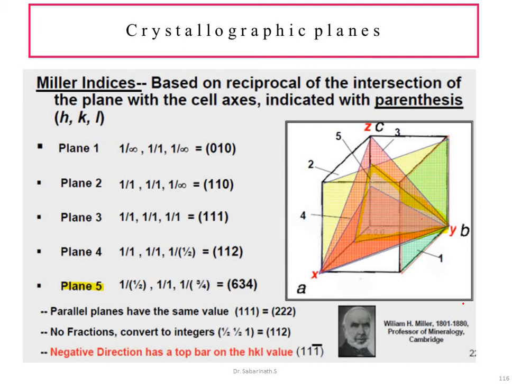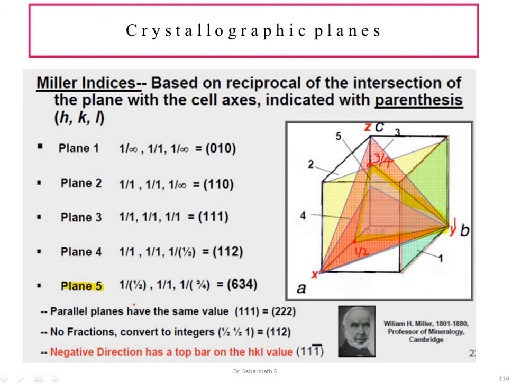Again, this is very simple. On the x-axis it intersects exactly at half. On the y-axis it intersects at 1 unit, and on the z-axis it is just more than half, and we can imagine that it will intersect at the 3/4 portion. So 3 by 4 is this point on the z-axis.